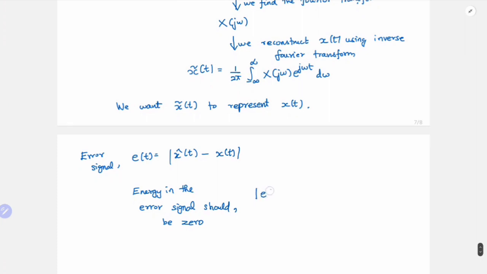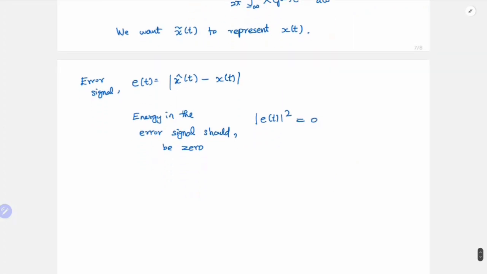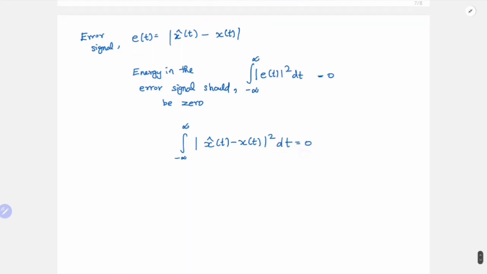So we want the energy of e(t) equal to 0, which implies the integral from minus infinity to infinity of |x̃(t) minus x(t)|² dt should be equal to 0.